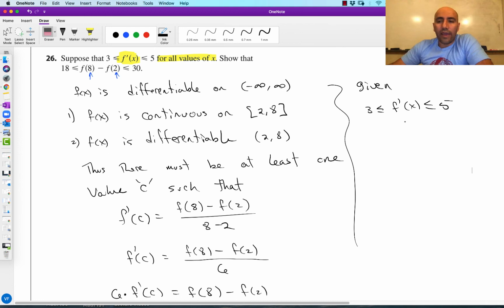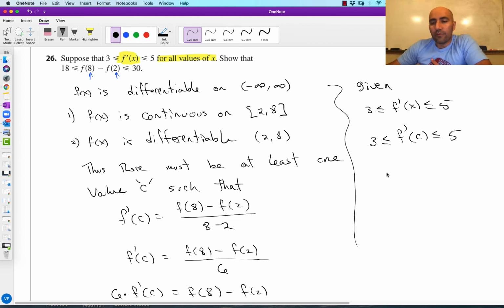For any value x, f prime of x is between 3 and 5, so that must mean that 3 is less than or equal to f prime of c less than or equal to 5, right? This is saying for any x, this is true. Well, c is one of those values. It's a value between 2 and 8, so it's got to be true that this is the case.